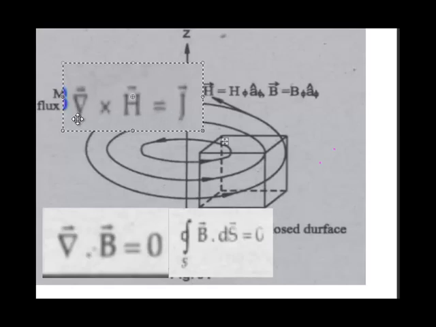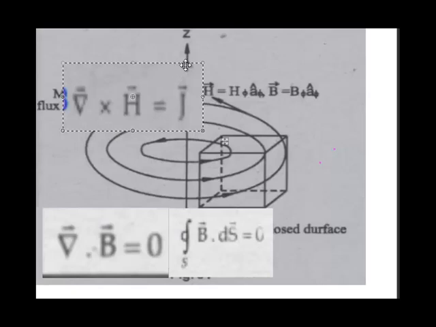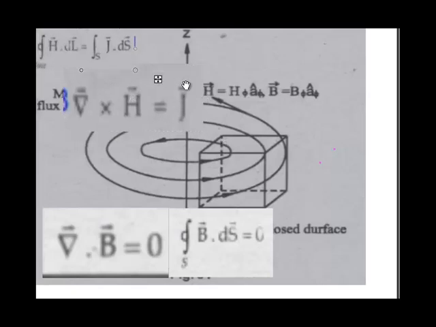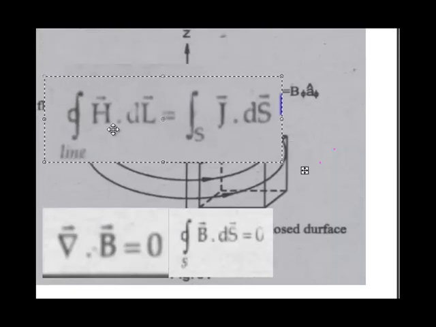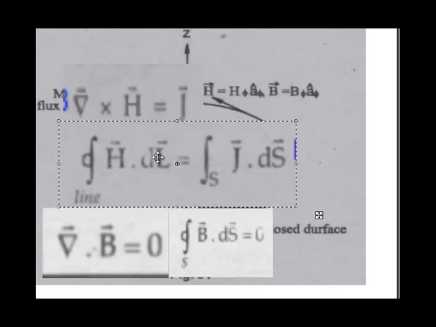Then the integral form will be given by Stokes theorem, and that is the closed-loop integration of H dot dl equal to the surface integration of J dot ds. So with the help of Stokes theorem, we get the integral form of H. The above equation is the differential form of H. The below equation is the integral form of H.